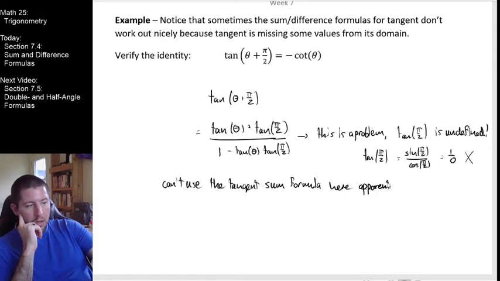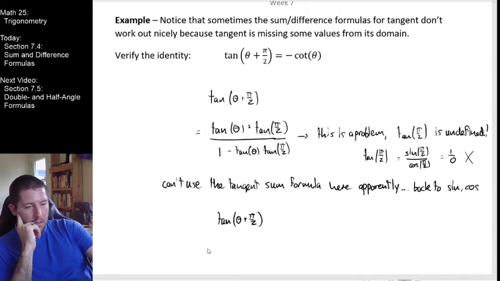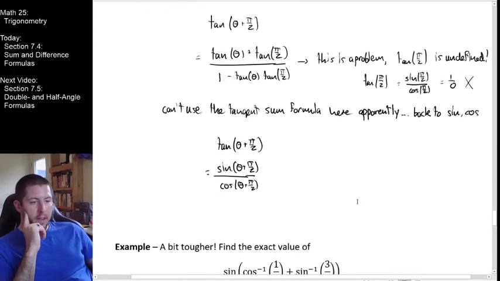So what do you do when you have tangent stuff and you don't know what to do? Back to sine and cosine. Let's see, how can I rewrite this expression?